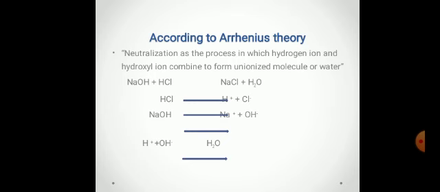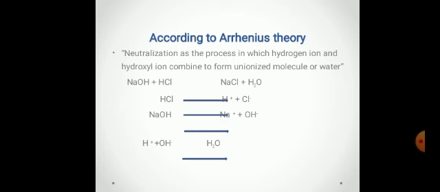Means the acid produces hydrogen ion and the base produces hydroxyl ion, and this hydroxyl ion and hydrogen ion react with each other and form an ionized molecule, that is the water molecule.